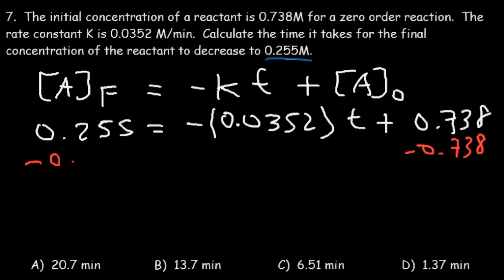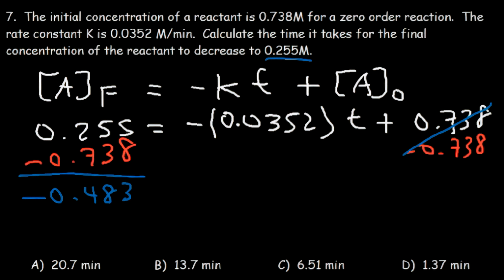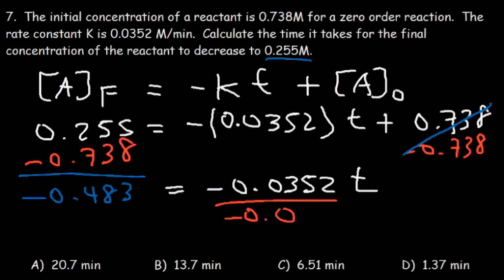We need to solve for t. So 0.255 minus 0.738 is going to equal negative 0.483. And that's equal to negative 0.0352 t. So let's divide both sides by negative 0.0352.